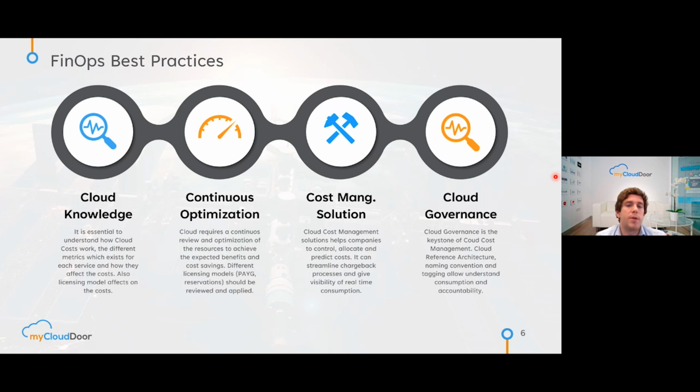Second, this is a continuous optimization cycle. It's not something that you adjust once, but you need to do it in an incremental way in a periodic mode. When we are going to see these 10 top actions you can take in your environment for reducing the Azure bill, you need to take into consideration that this is not something that you are going to do once and that's it.